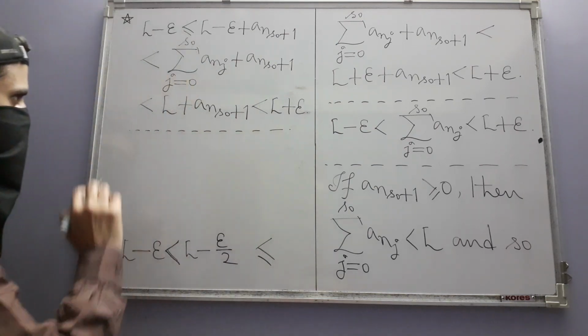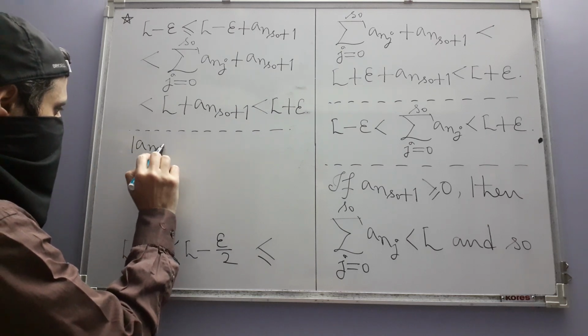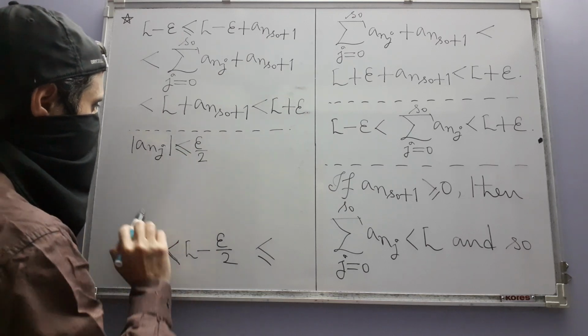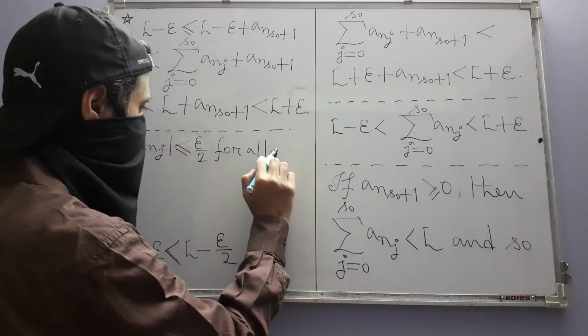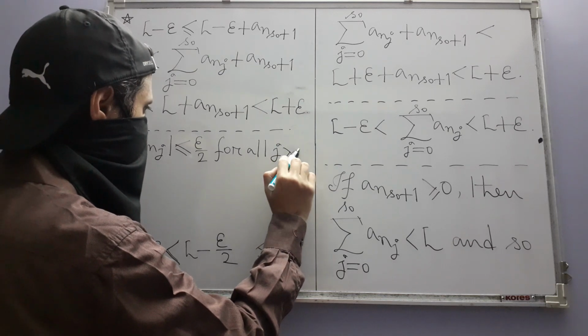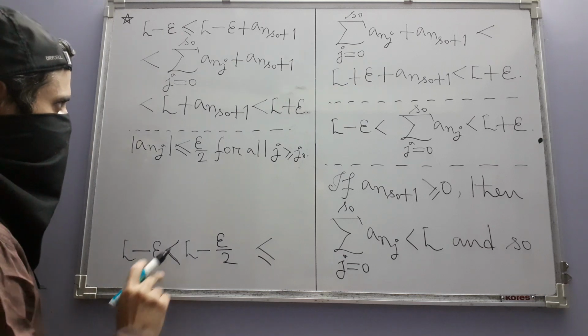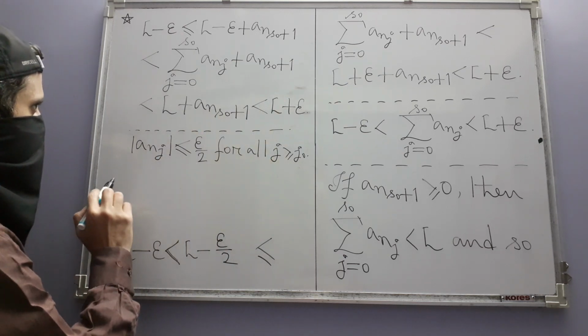You again recall your condition that we have got in the beginning of all these things. For all j greater than or equal to j naught. If I wanted, I could have written one more step, but let me show it here itself.